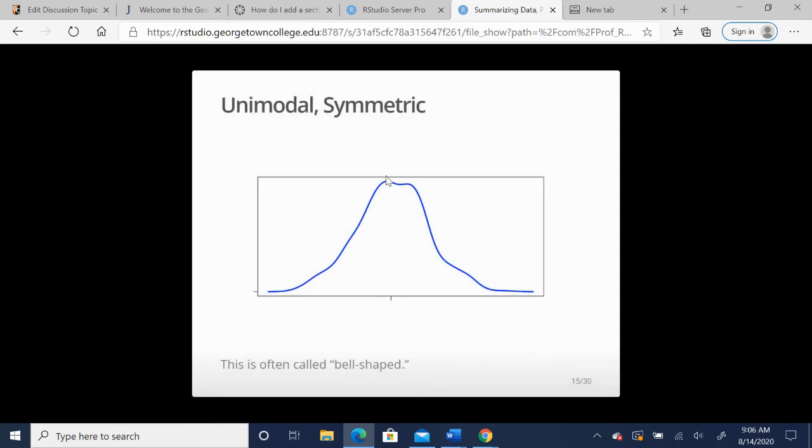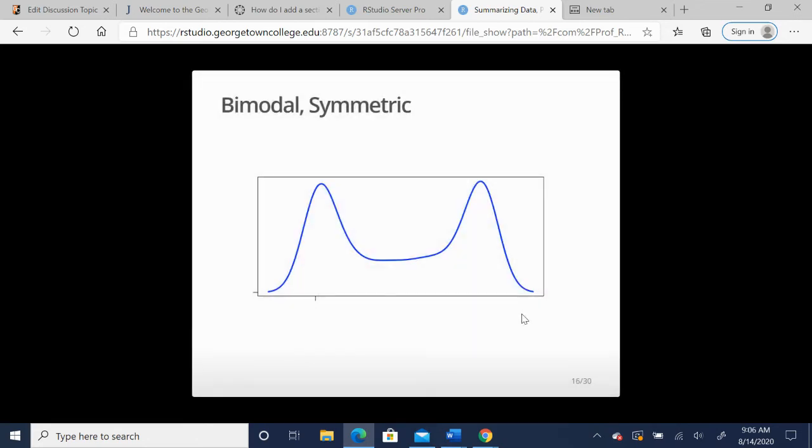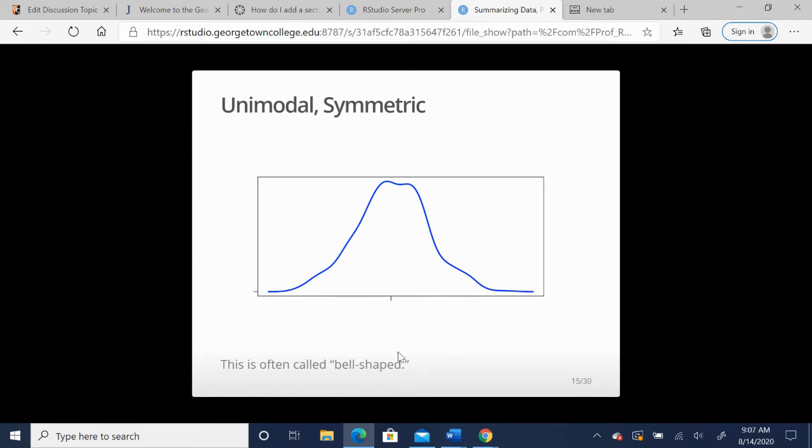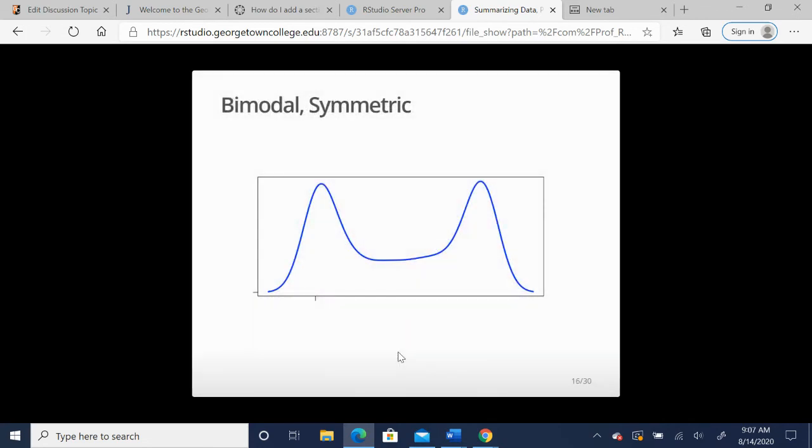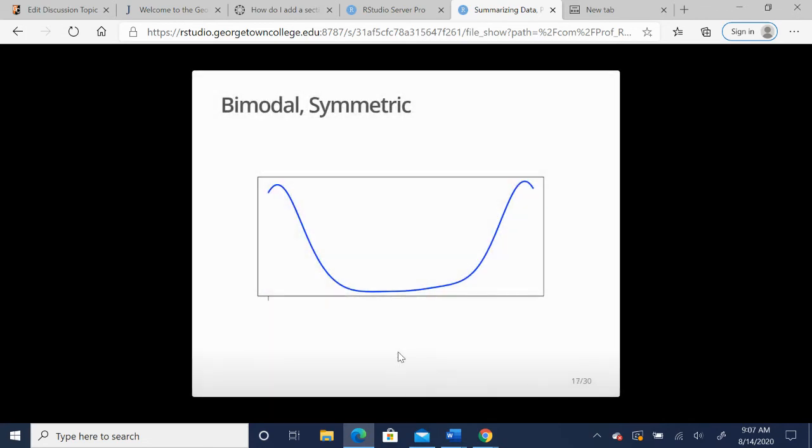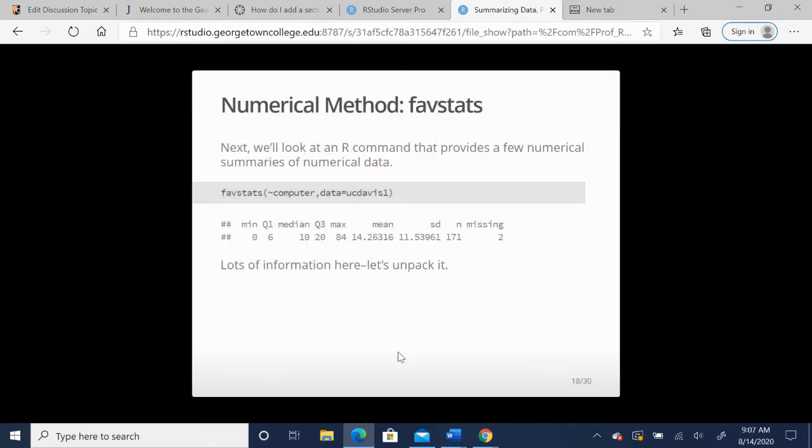Unimodal and symmetric. Remember, it's not perfect. We often call this bell-shaped. In statistics, bell-shaped data is life. We'll figure that out as we go along. Here we have bimodal symmetric.